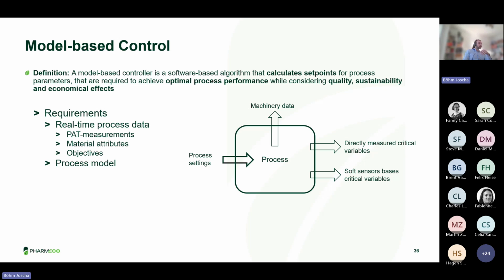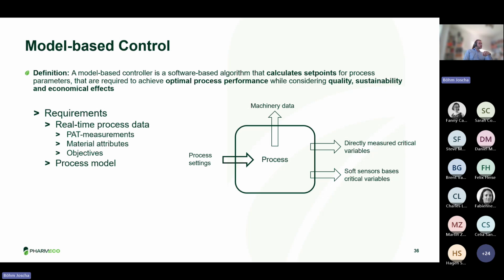So these need to hold while achieving optimal process performance, and we can adjust the process parameters there. And starting off again with our process that we have here now with both variables measured.